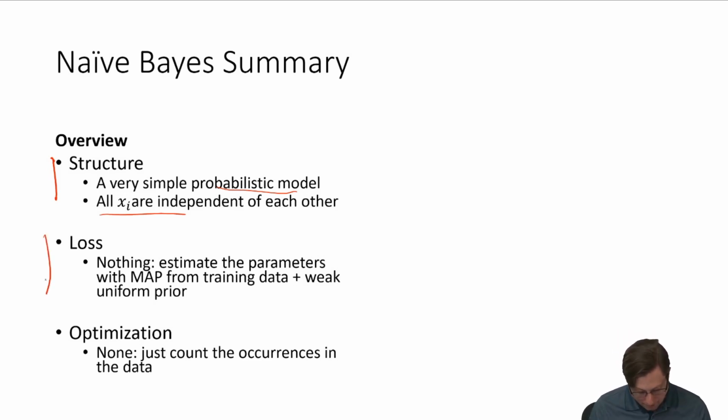The loss is nothing. You just estimate the parameters from the training data, use your MAP estimate with a small prior, and that's all you do. There's no optimization, there's nothing. You just look at the data and count it up, and maybe use a little bit of prior knowledge and an independence assumption. So that is naive Bayes.